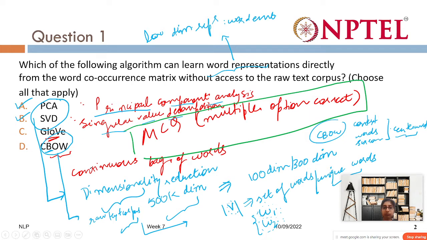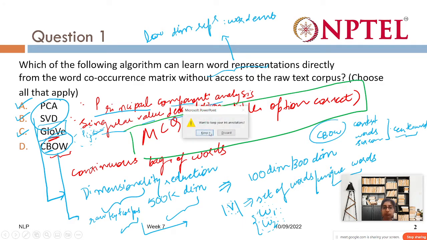For GloVe, as we know, we already have the pre-trained co-occurrence matrix. If you remember the formula discussed in the lecture, this is P_ij, the co-occurrence probability, which we already know. So in this case, you do not require a raw text corpus. So the correct answers are options A, B, and C. For D, you will require a raw text corpus. I hope the explanation is clear.